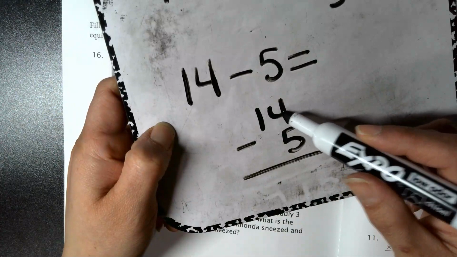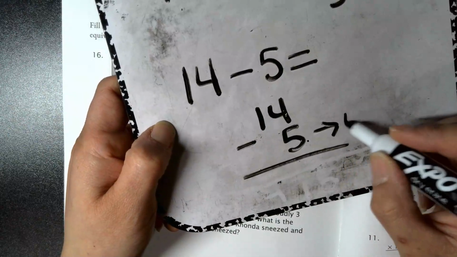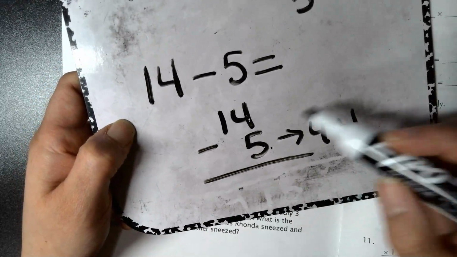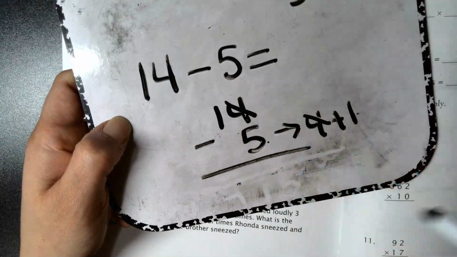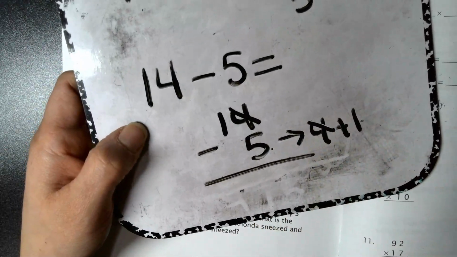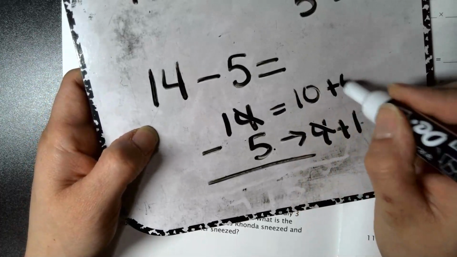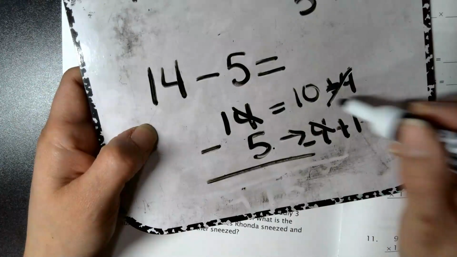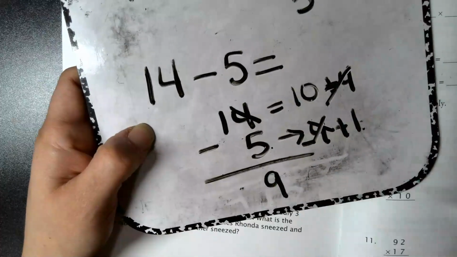If we break the 5 down into 4 plus 1 in our head, we can take away the 4, and then we only have to take away a 1 from this 10, because 14 is really 10 plus 4. So if we take away this 4, these cancel out, and now we just have to do 10 minus 1 and we get 9.